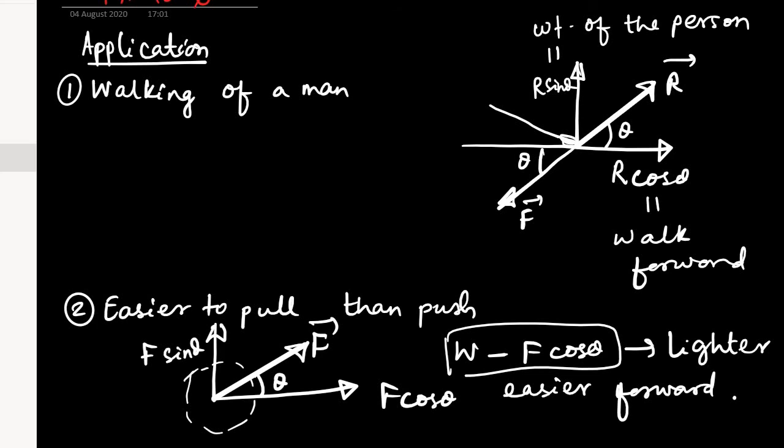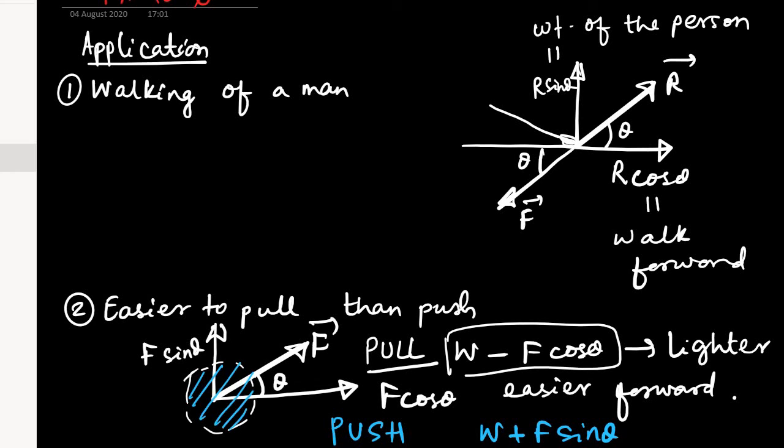But when we push it, what will happen? This is in case of pull, but in case of push, the same force will add up and it will become W plus F sin theta. You can see for yourself, the weight of the object is the same everywhere.